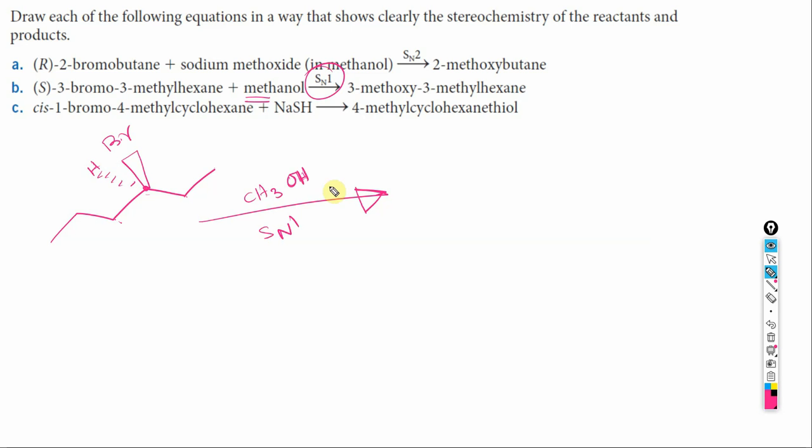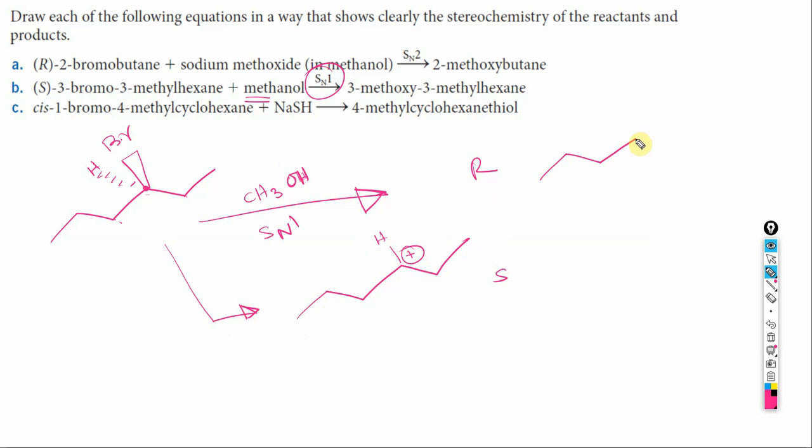So if this reacts by an SN1 pathway, it obviously is going to give you a carbocation as we discussed in the class, and we are going to get a planar intermediate, and that can undergo a nucleophilic attack from the top or from the bottom. Therefore you're going to get both the R and S enantiomers as a product.